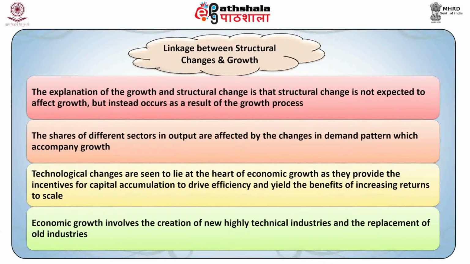With increase in income, the demand for agriculture products relatively falls, and for industrial goods increases until, after reaching a reasonably high level of income, demand for services increases sharply as well. Accordingly, the shares of different sectors in output are affected by the changes in demand pattern which accompany growth.